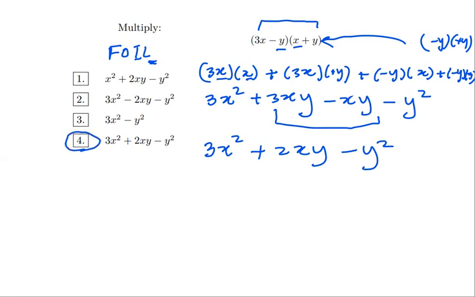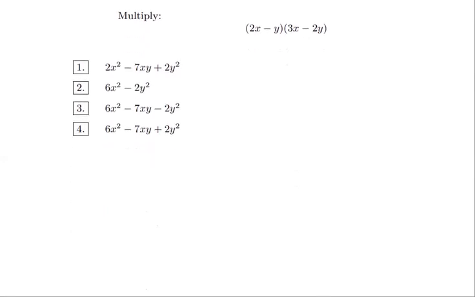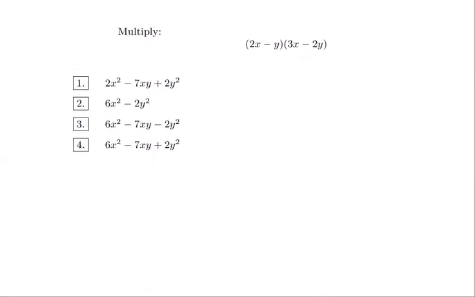And be careful, because a lot of these answers look pretty similar. Okay, let us do one last one. Again, I like to use the FOIL technique for these problems. FOIL is first term times first term, so it is 2x times 3x, plus outer term times outer term.